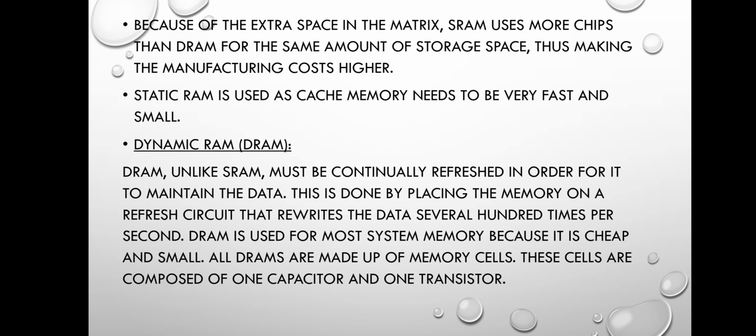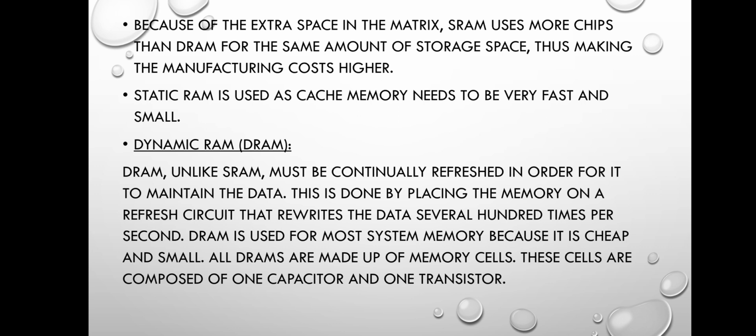Because of the extra space in the matrix, SRAM uses more chips than DRAM for the same amount of storage space, thus making the manufacturing cost higher. Static RAM is used as cache memory, which needs to be very fast and small.